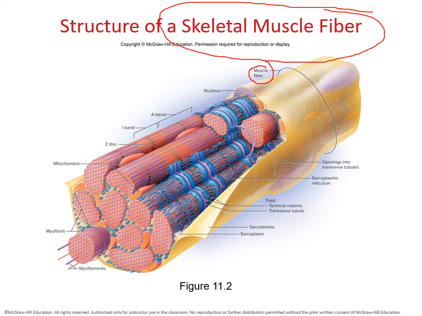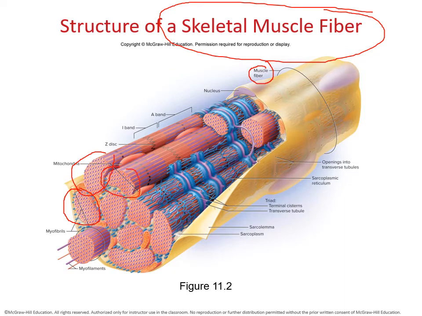Now, I understand that looking at this picture might look a little overwhelming, but don't worry, we're going to get to meet all the individual characteristics. And then at the end we're going to put them all together so that we can look at this picture again and see how all of them work together. But for now, I just want to highlight the fact that your little muscle fiber is going to be composed of these little myofibrils, these little bundles.